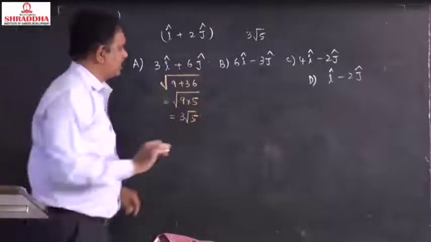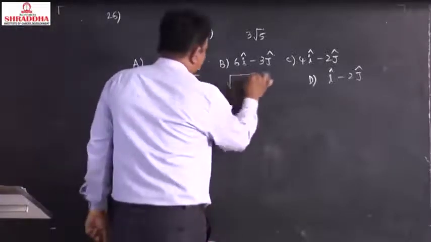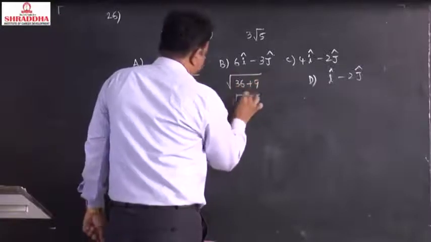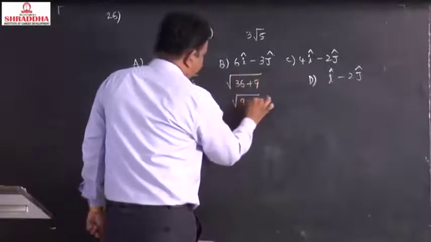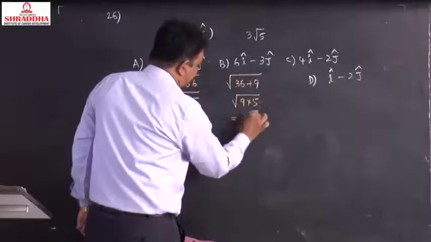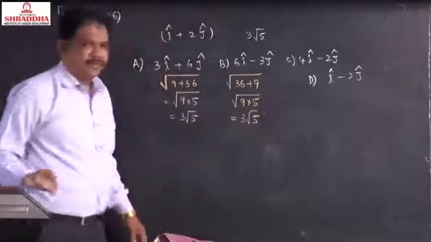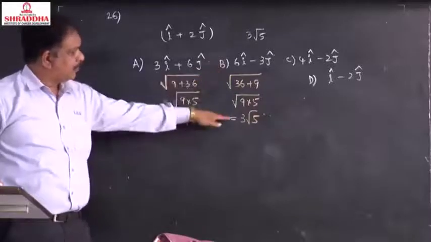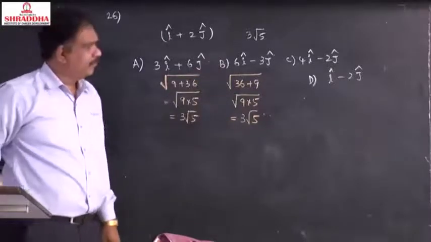For this, 36 plus 9 is root 45, I am writing it as 9 into 5. This will be 3 root 5. This vector magnitude is also 3 root 5.